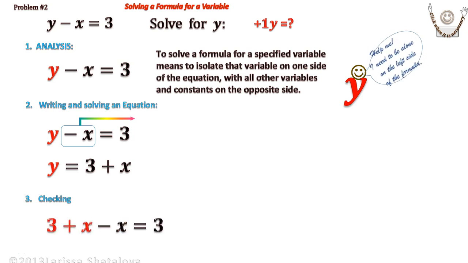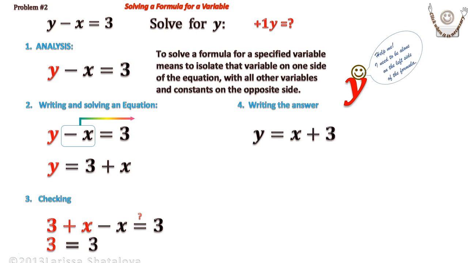We have to replace y in our original equation by the expression 3 + x, and check, is the left side equal to the right or not? Yes, it is. And now we are ready to write the answer. y = x + 3. Usually the constant term is the last one, and y is an expression. This is what we expect because we have to solve the formula for a variable.